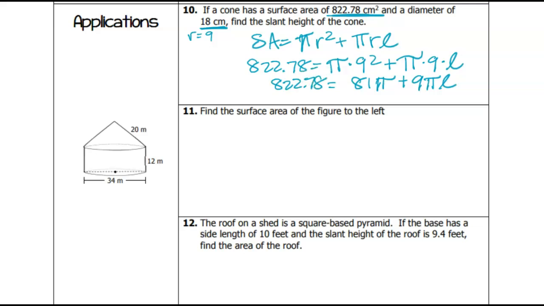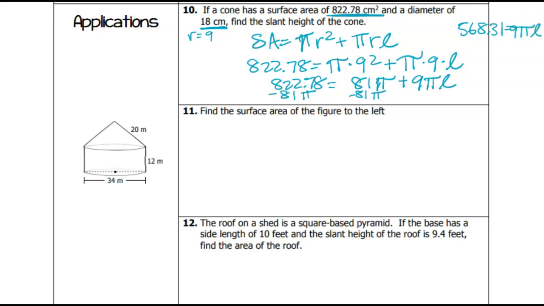Okay, this 81 pi is really just a number, so I'm going to subtract my 81 pi. I can even put that into the calculator there for me. And that comes out to 568.31. That equals 9 pi L.